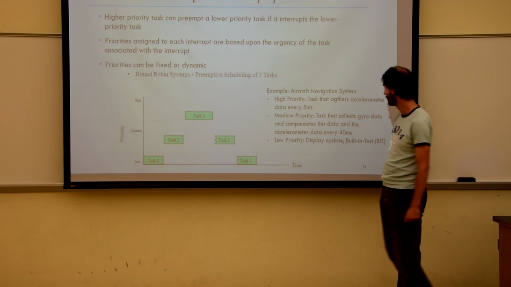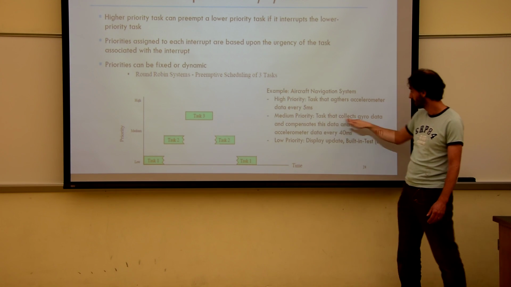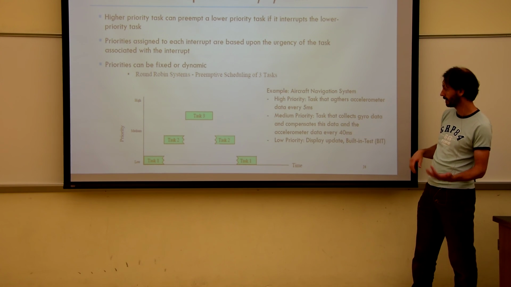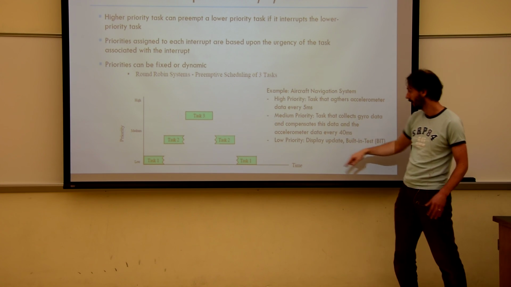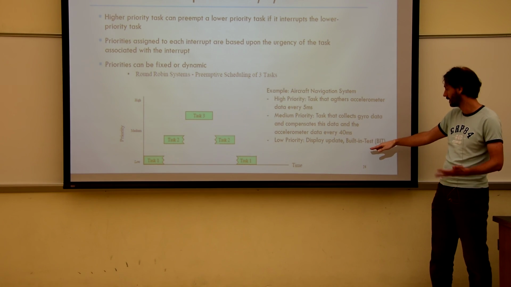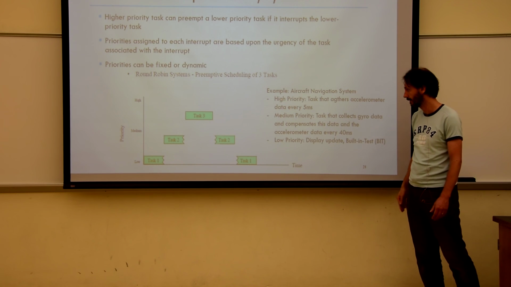That's very important. Then a medium priority task collects the gyro data and compensates this data and the accelerometer data every 40 milliseconds, say. A low priority task does the display update and a built-in test or whatever it is.